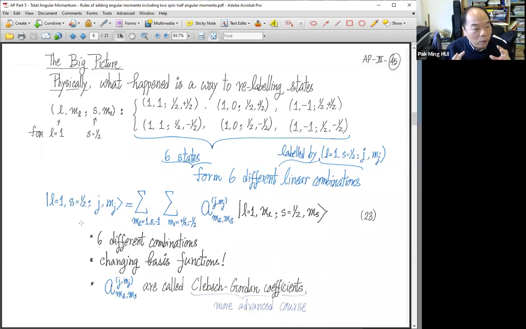In our course, we will not go into the details of how to find the coefficients. They fall into the topic of addition of angular momentum in quantum mechanics. This particular set of coefficients are called Clebsch-Gordan coefficients. They will be discussed in a more advanced quantum mechanics course that has to do with technical detail.